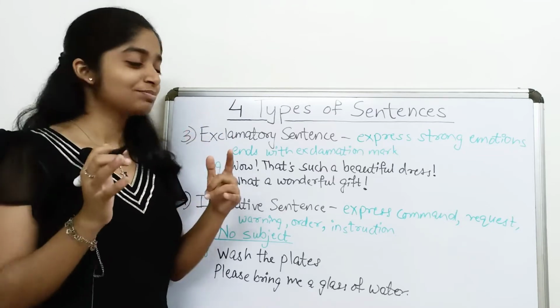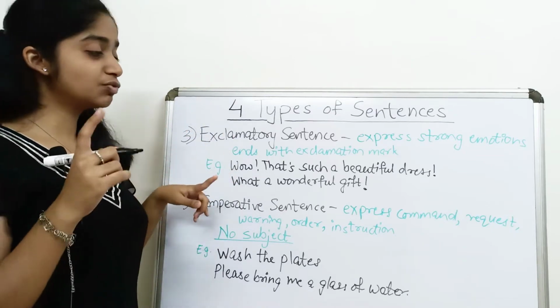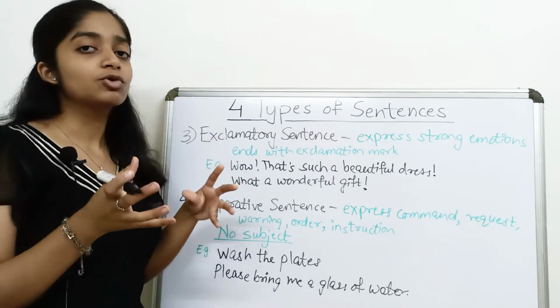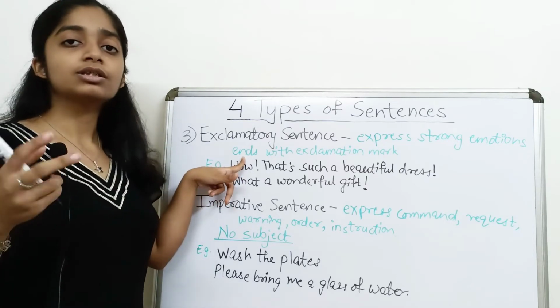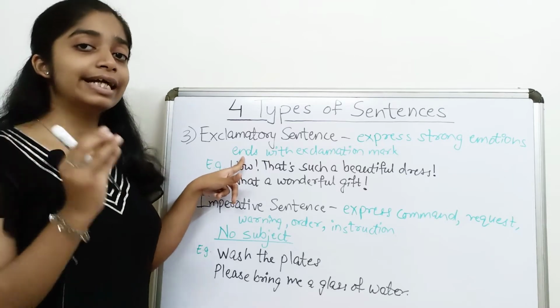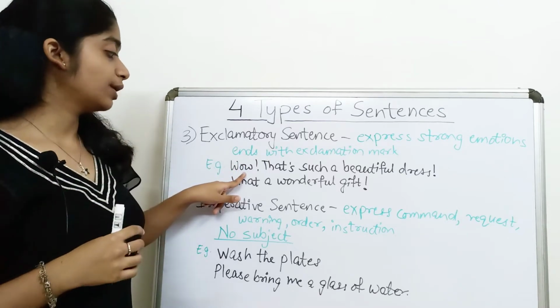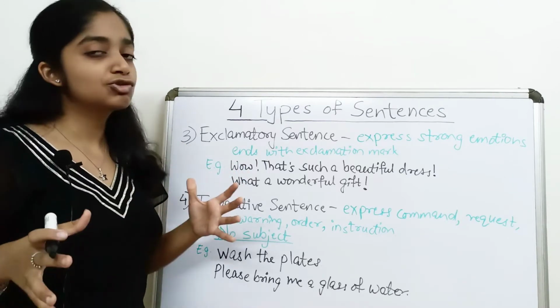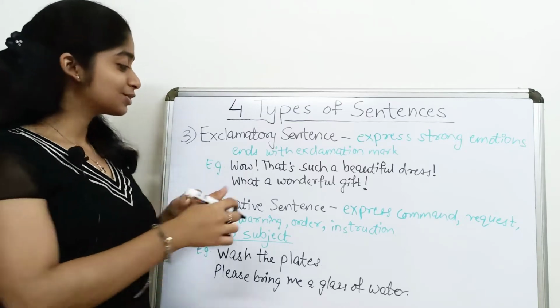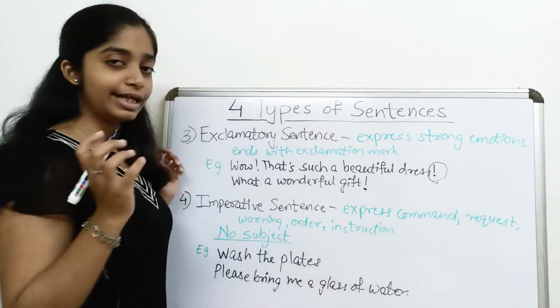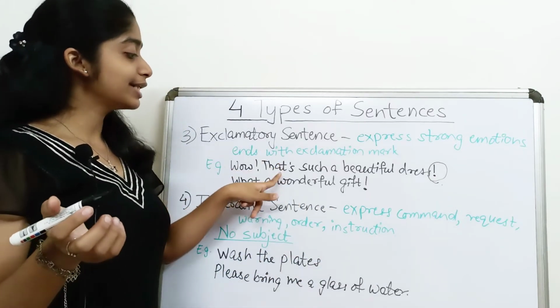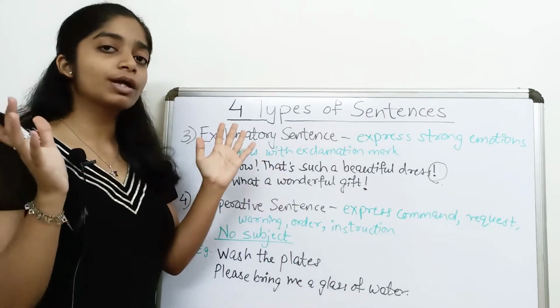Oops. Such kinds of words express strong emotions, and we can also use these words in sentences like this one. Wow, that's such a beautiful dress. So we have an exclamation mark at the end of the sentence and the sentence expresses a strong emotion.